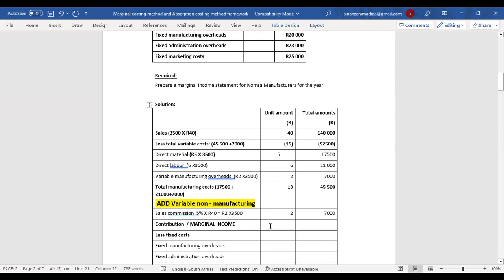What is the contribution? How are we getting our contribution? Let's see, guys, our contribution. Let's type our answers for contribution. How much is the contribution per unit? How are we getting it? Remembering the steps that I just showed you.